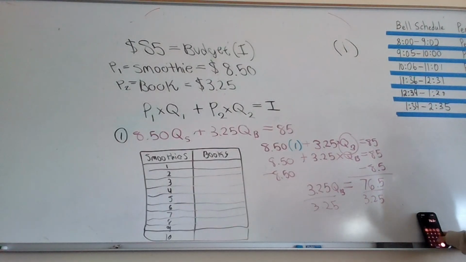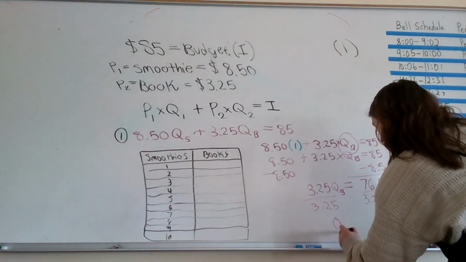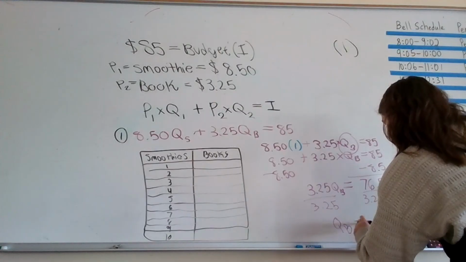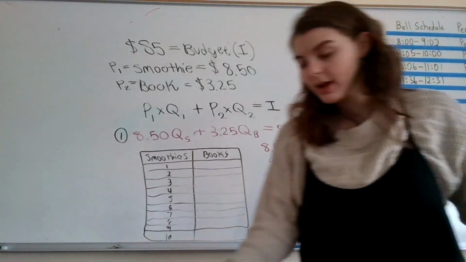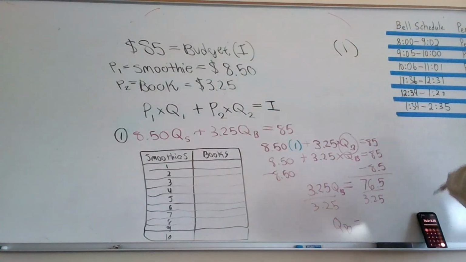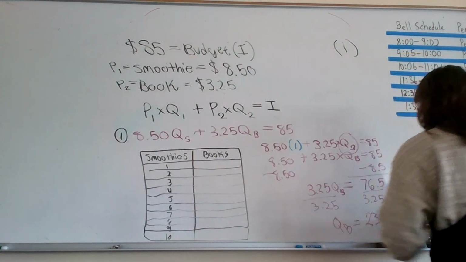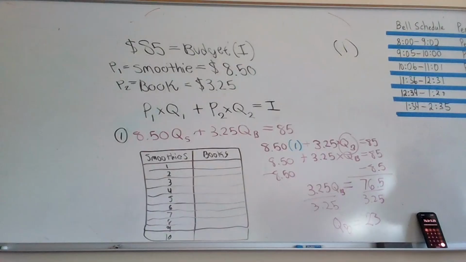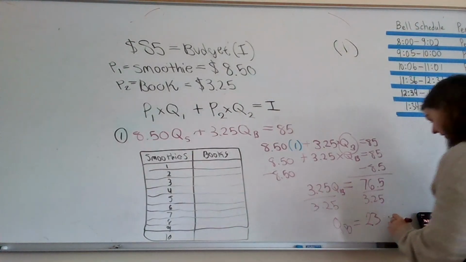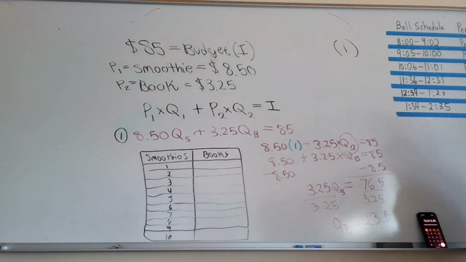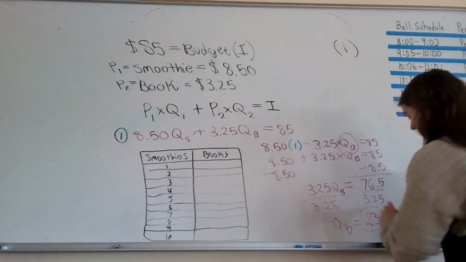And I get roughly, if I consume at least one smoothie, around 23 books. Right? This is going to be 23.5, but you can't consume 0.5 of a book. So we're going to get around 23 books.